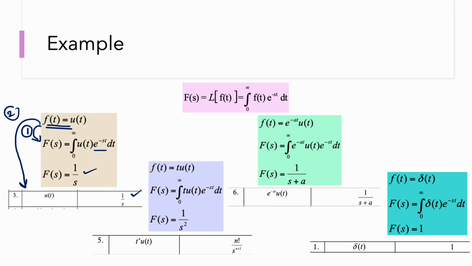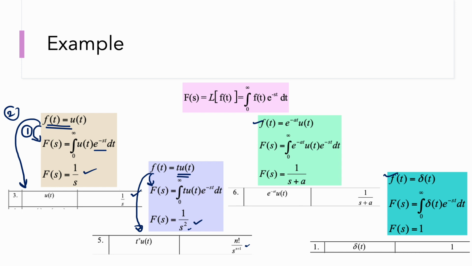Same as this equation. If we are using the equation, we will get the answer as such, 1 over s squared, and if we are using the table, we are supposed to get the answer as such. Same goes for this equation and this equation.